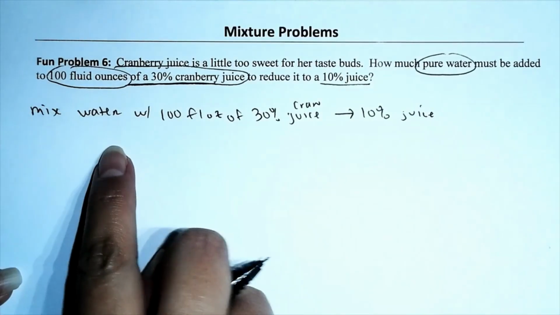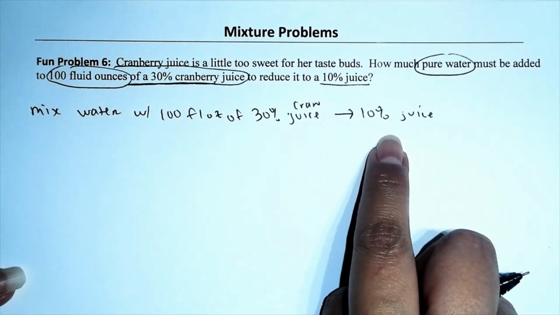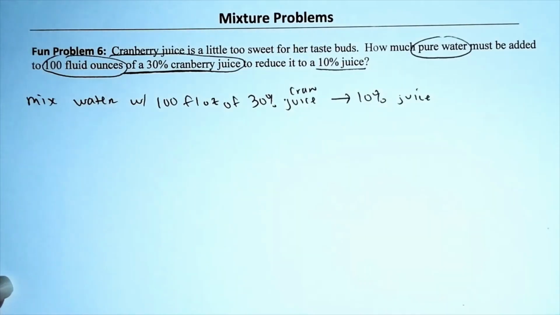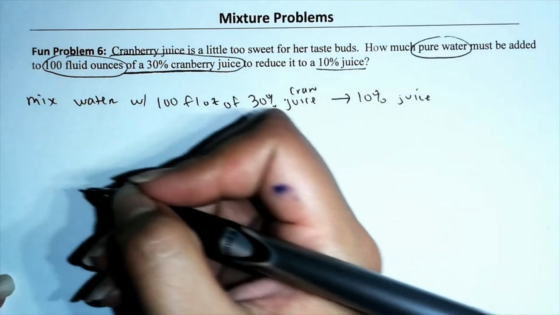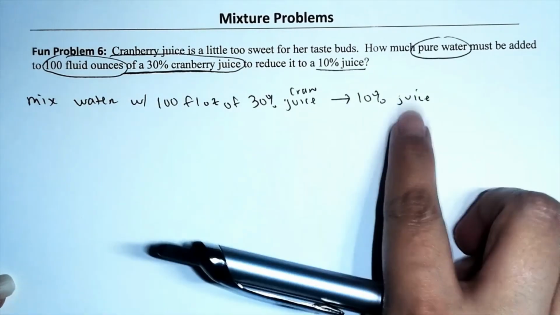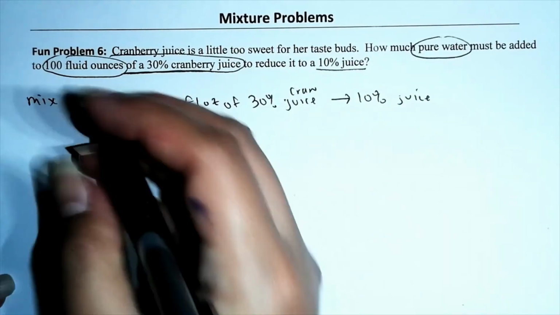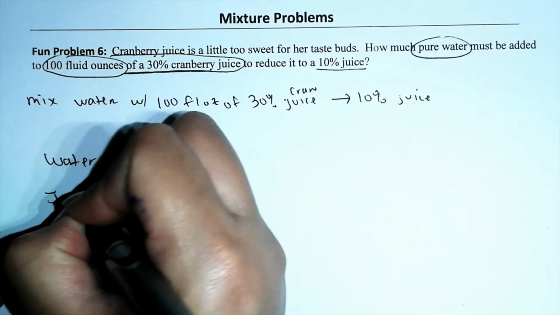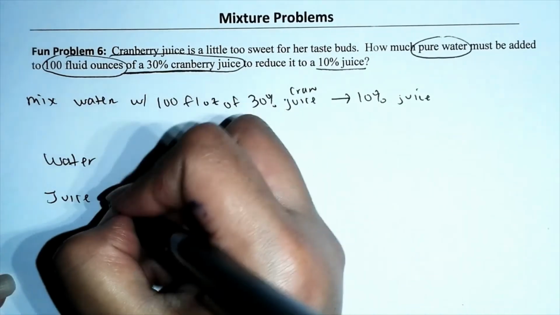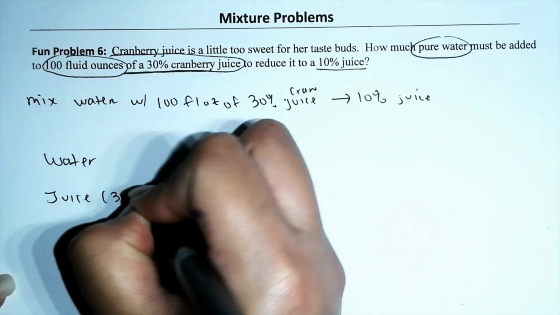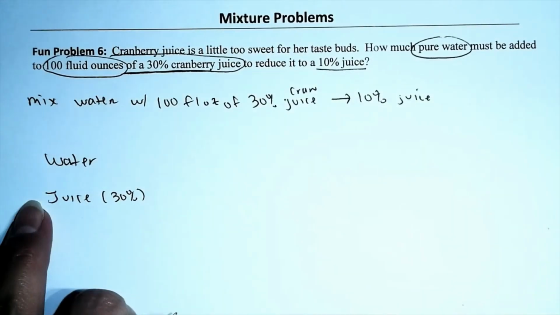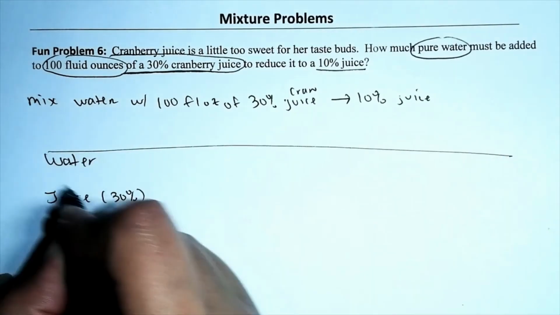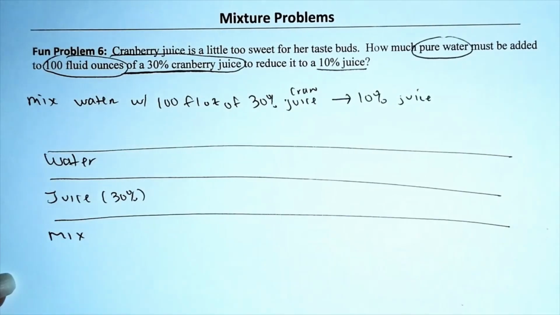So water plus juice equals 10% juice. Let's go ahead and do the table. Normally I would say juice plus juice equals mix, but we have water, so it'll be water plus juice, 30%, equals mix.